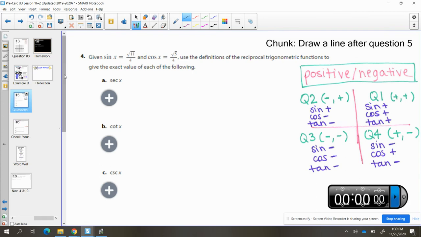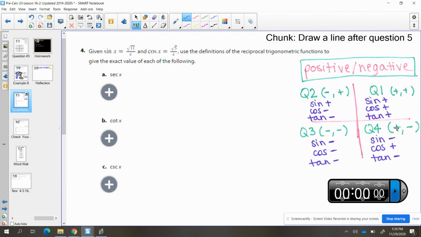And finally, talking about these then, again, really important to know where things are positive and where things are negative to find these exact values as well. Because again, setting up then the pictures here will help you find out what the other values are going to be based on these, which we will work more with in class.